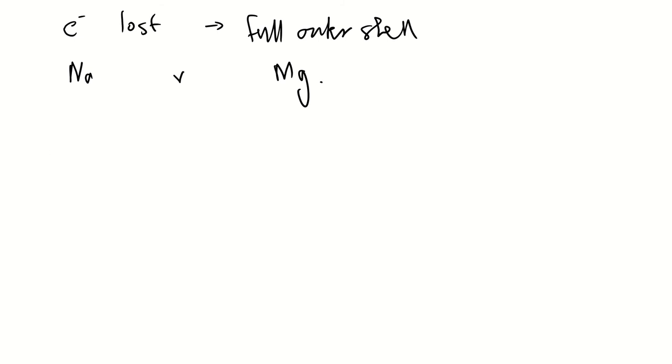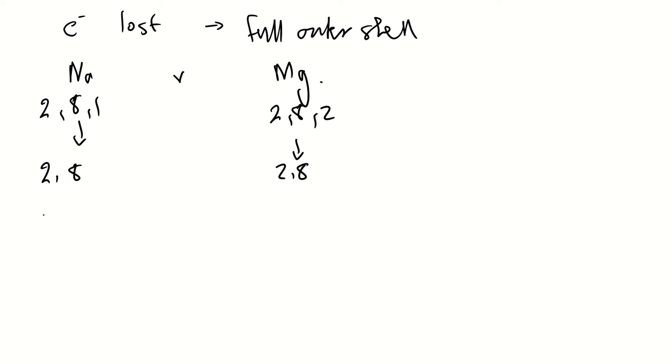Let's see what happens to these. They start off at 2,8,1, of course, for sodium, and they start off at 2,8,2 for magnesium. That will then mean that sodium will go to 2,8, and the magnesium will go to 2,8 also.